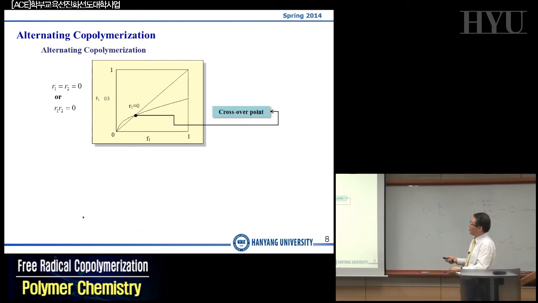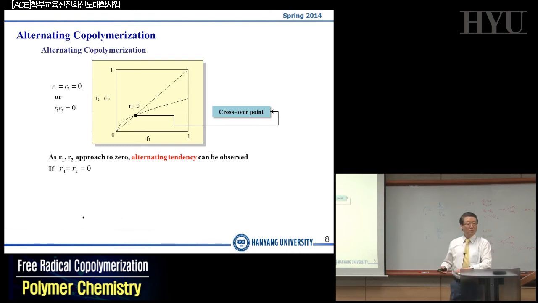So this crossover point will be defined as the azeotropic line, just like the chemical engineering distillation curve. And again, when R1 and R2 are equal to 0, or approaching 0, we say that this is the case where we have an alternating tendency. And if R1 and R2 are equal to 0, we say that this is perfect alternation. Okay?